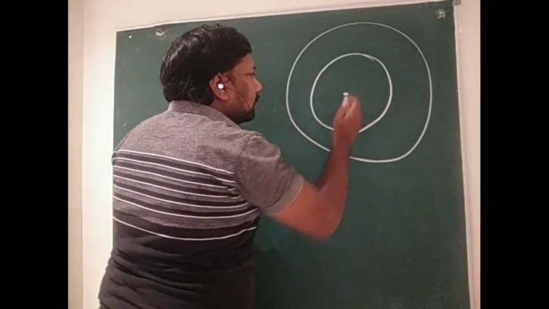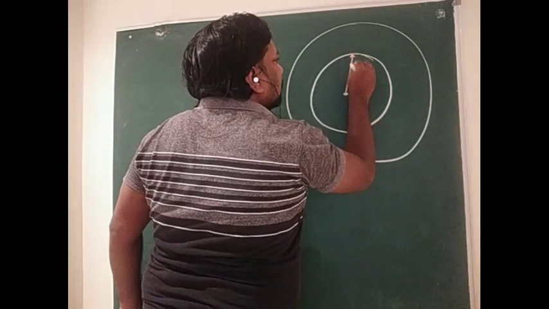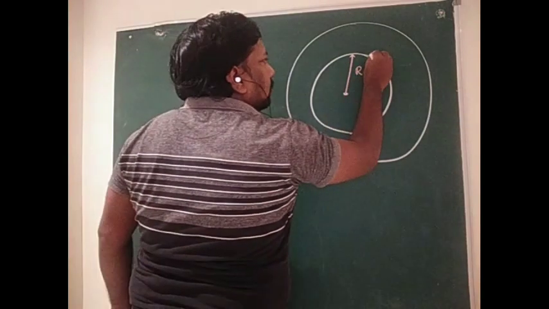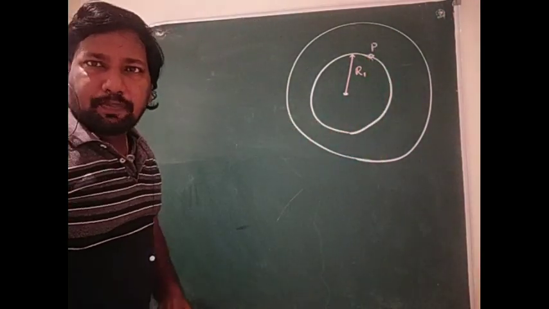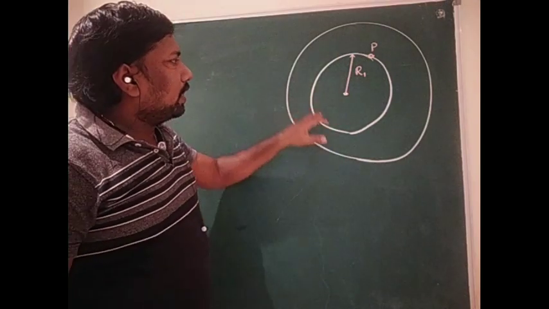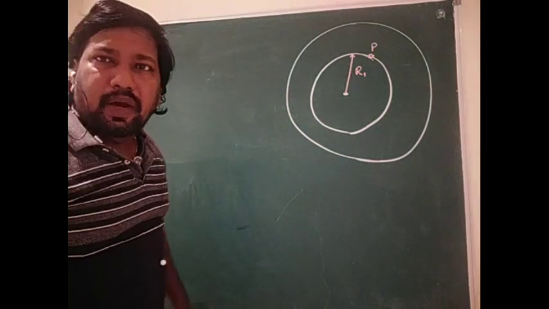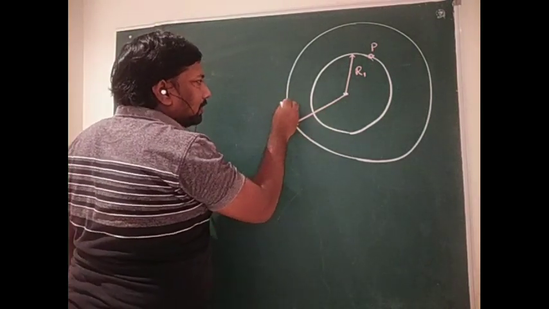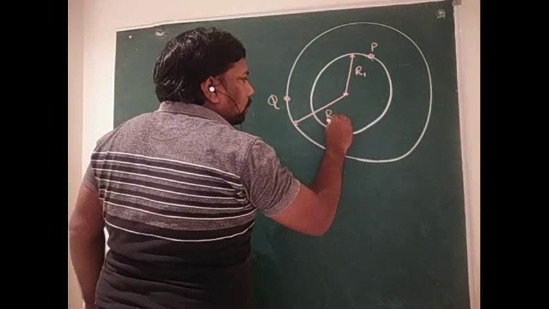This is the radius of the circle of the first particle P. You can assume that particle P is revolving in a circle with radius R1. Another particle, assume Q, its radius is R2.